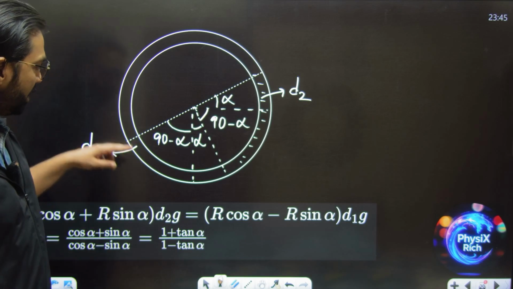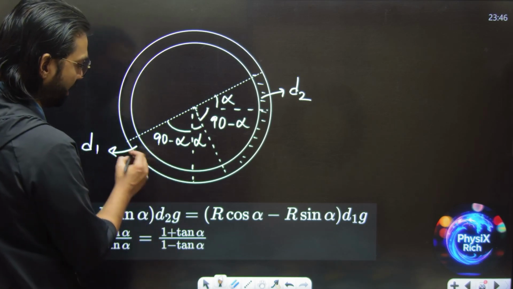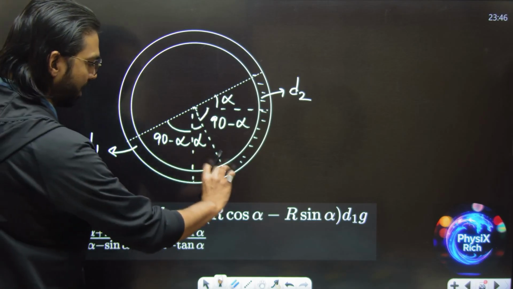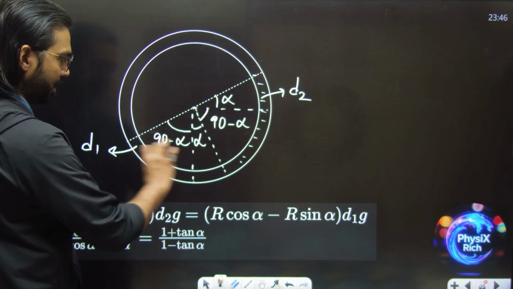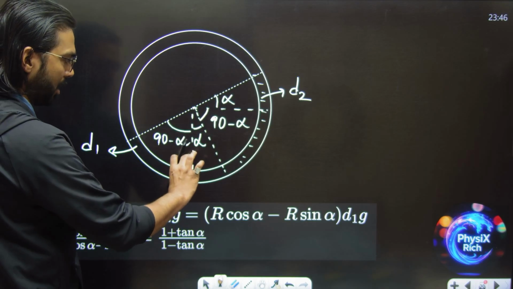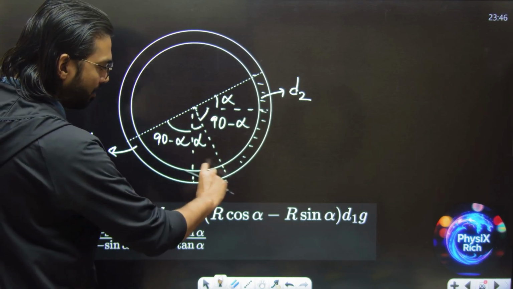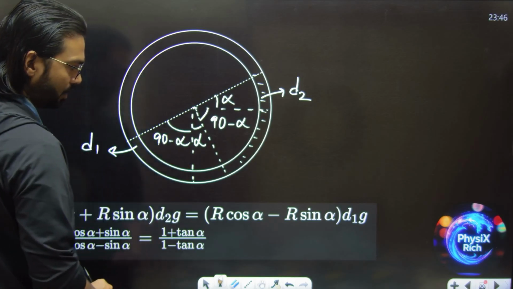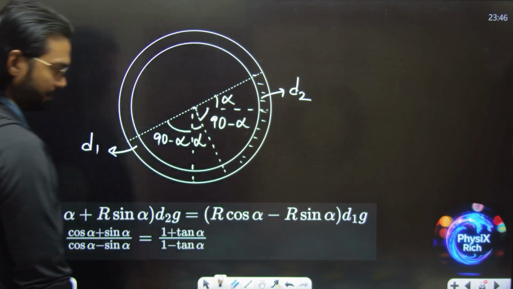And what about this part? For this part, I will find that there is a certain height due to this and a certain height due to this. This height you can see is r minus r cos 90 minus alpha, and this height will be r minus r cos alpha. If I subtract these two, this is what it comes out to be.